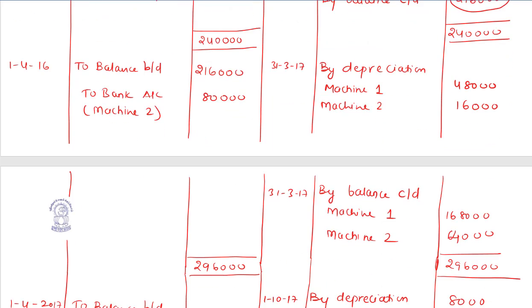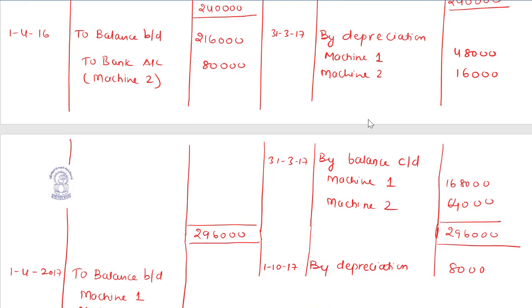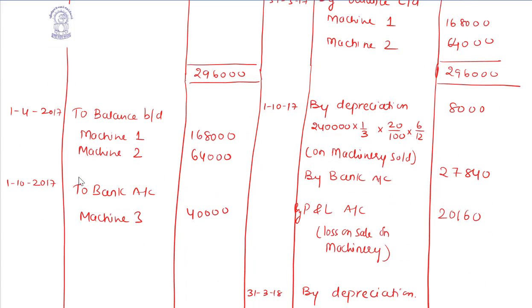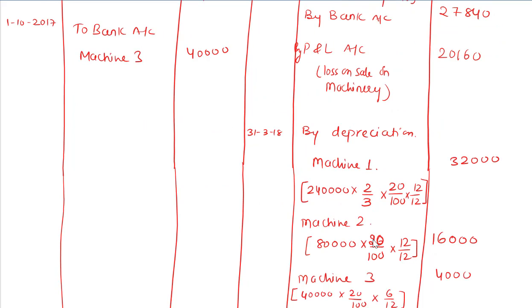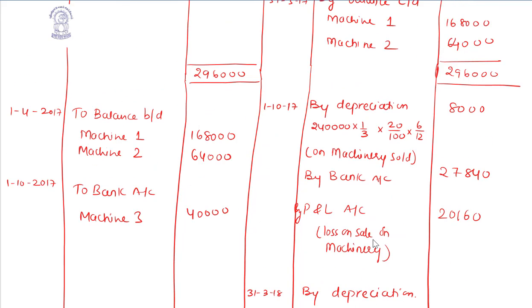In the first year we purchased the machinery and depreciated it. In the second year we depreciated the first machinery, purchased the second machinery, and depreciated it. In the third year we purchased the third machinery. So in the third year we have three machines, and the first, second and third machinery are all depreciated.